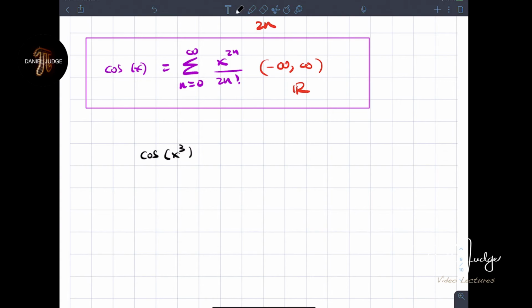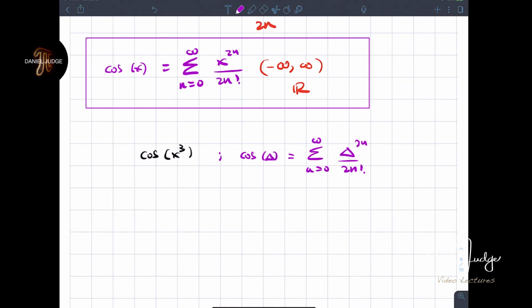What you're going to do is use what we just talked about, meaning since we can describe cosine of any argument to be the sum where n is 0 to infinity, that argument to the 2n power over 2n factorial.